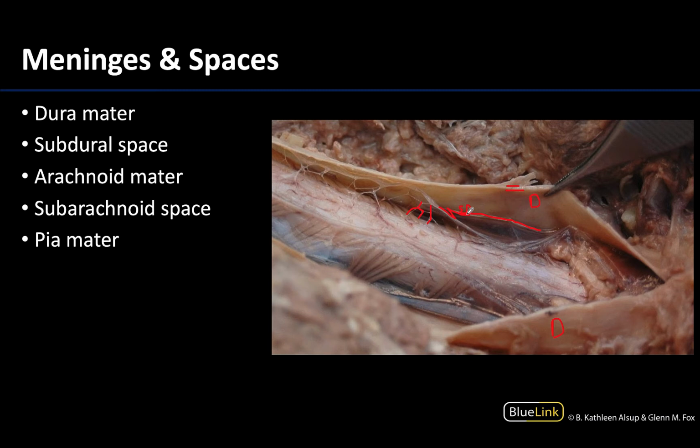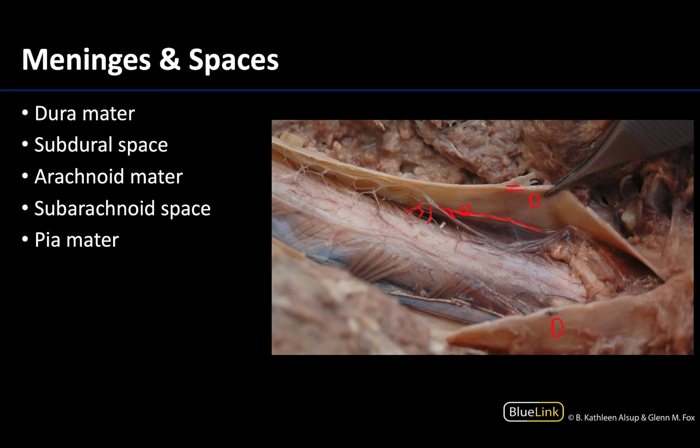Occasionally it can become an actual space or a real space if something enters the area, say like blood. If blood entered into that region, kind of creating a space between the dura mater and the arachnoid, that would be a subdural hemorrhage. So this is a potential space, and we just kind of want you to get an idea of where these would be located in terms of the dissection.